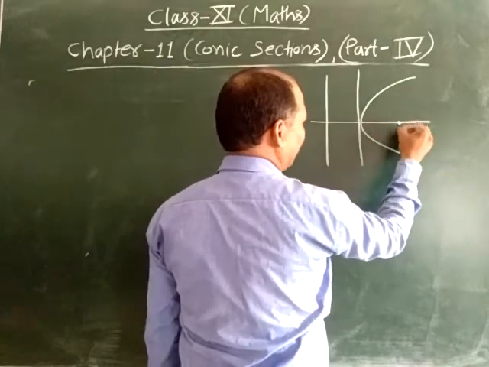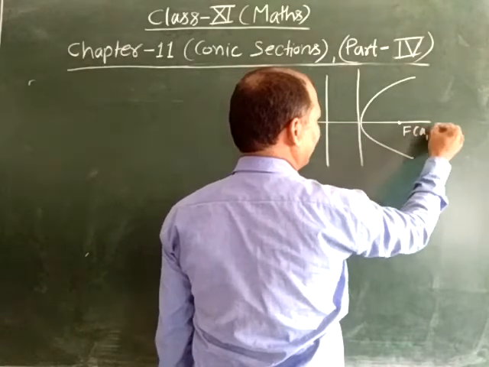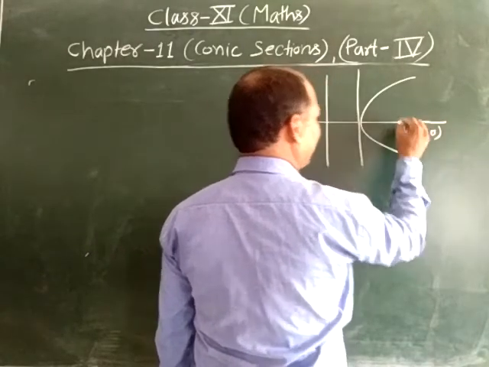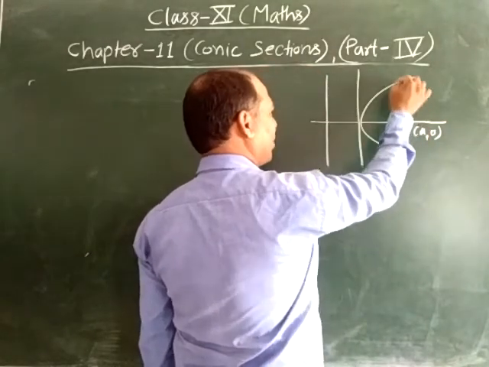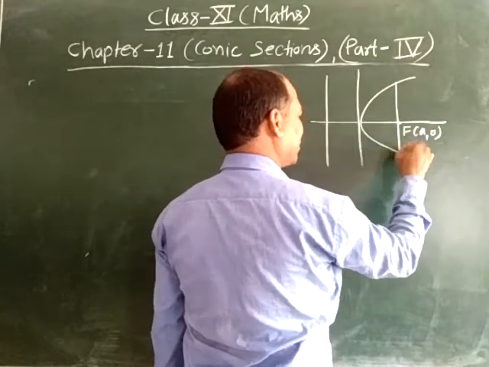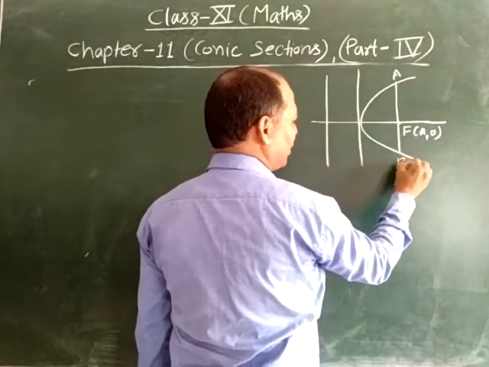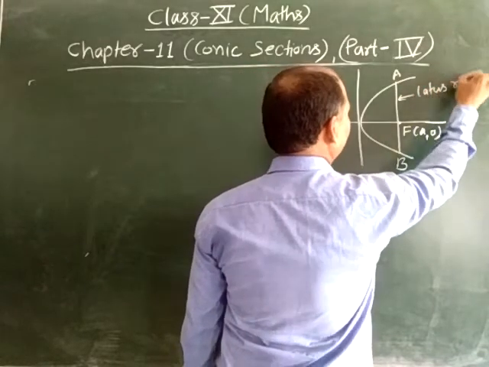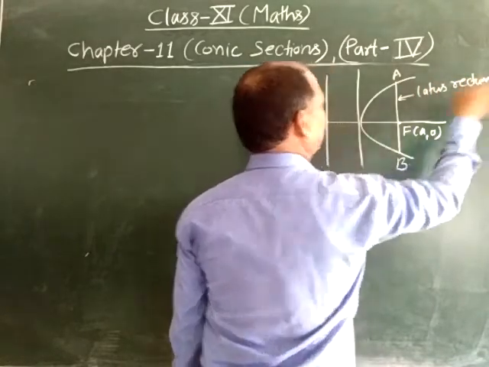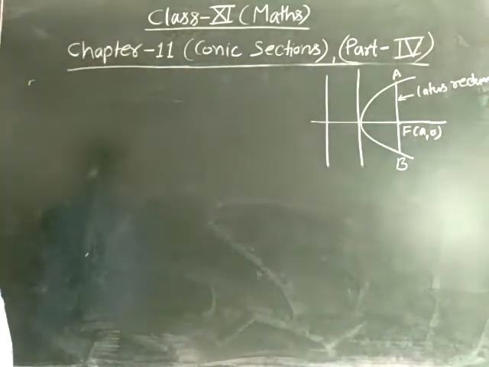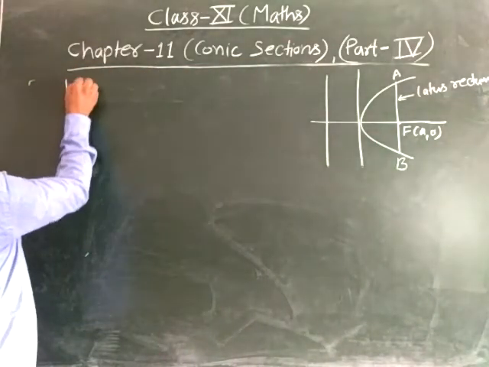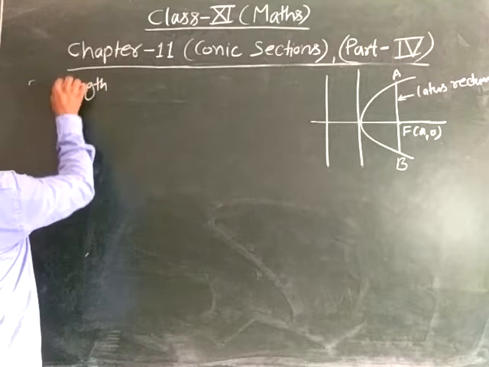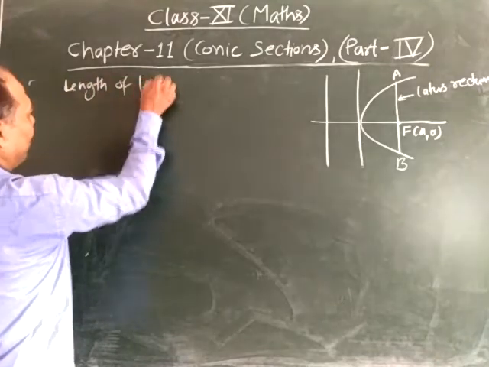Suppose that this is the focus having the coordinates (a, 0). Then the line segment which passes through this and is perpendicular to the axis is known as the latus rectum. So we have to find out the length of the latus rectum.